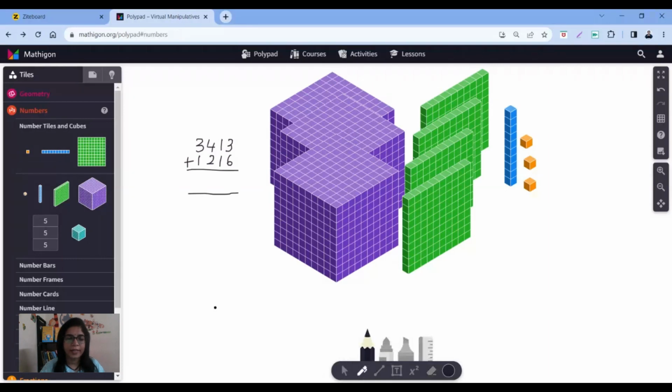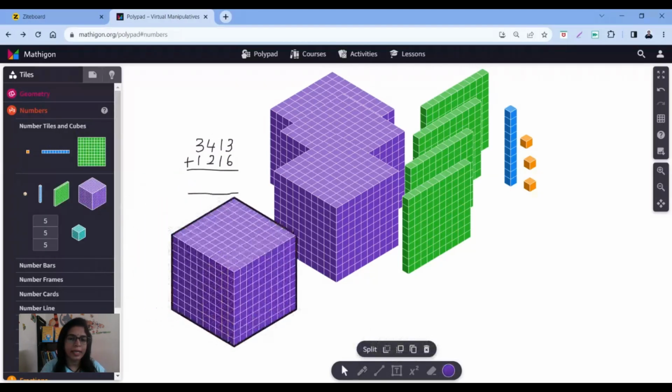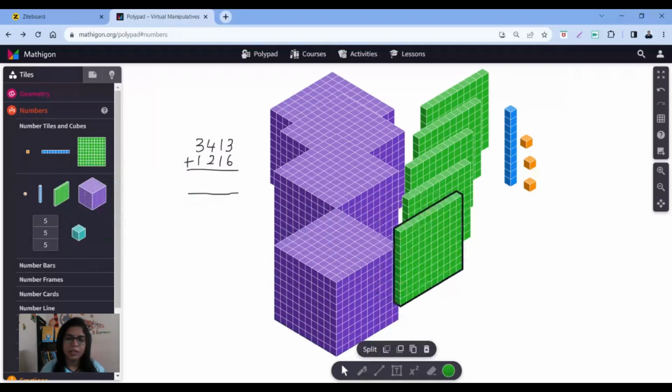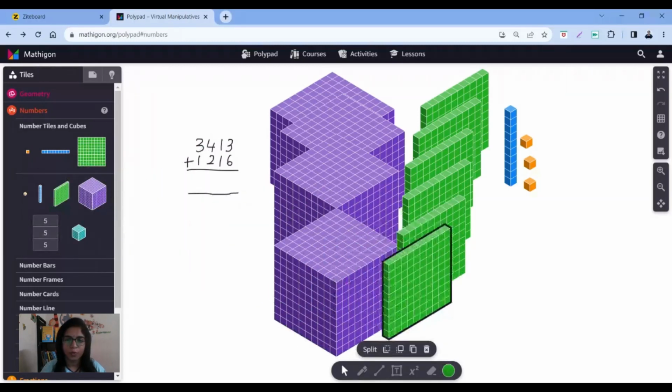Now the next number, and it's going to be addition, no? Addition means what? We bring in more things. We add, we increase, we put more, right? So 1,000 we are again going to put. Then 200, that means two hundreds we are going to put.